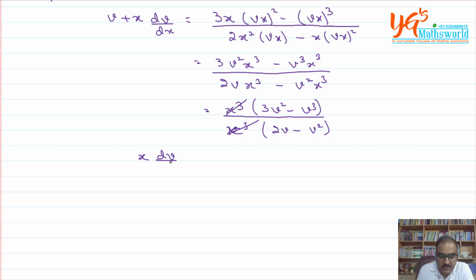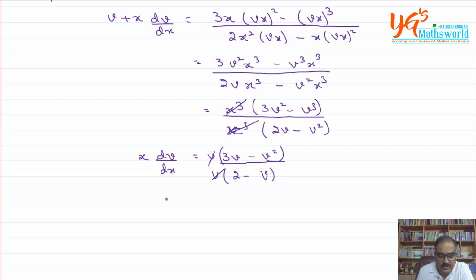x dv by dx is equal to 3v square minus v cube over 2v minus v square minus v. I can take v common as well. If I take v common, it will be 3v minus v square divided by 2 minus v.